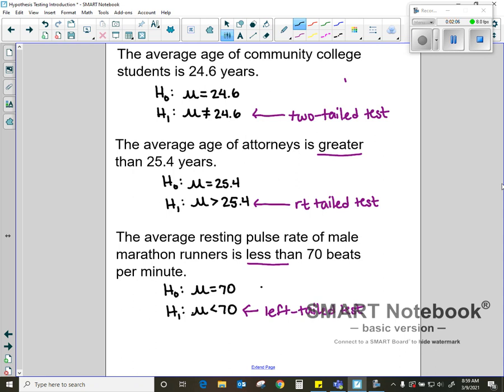So once we have our hypotheses set up, then we'll do a statistical test by using sample data. Remember, parameters are things like mu and sigma and p, but we usually only have sample statistics to deal with, like x bar or s or p hat.